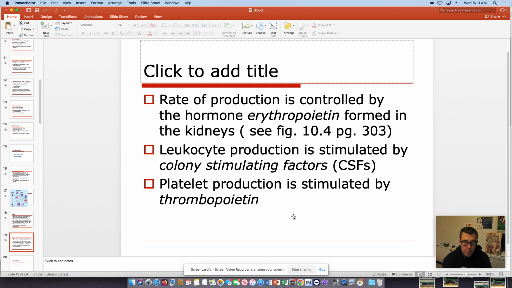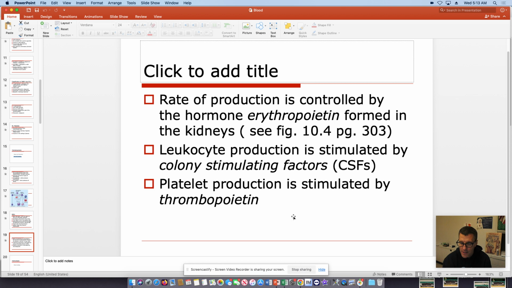And then platelet production is stimulated by something called thrombopoietin. And there's a bit of an explanation on page 304 of how that all plays in, and takes part in repairing blood vessels or injury.